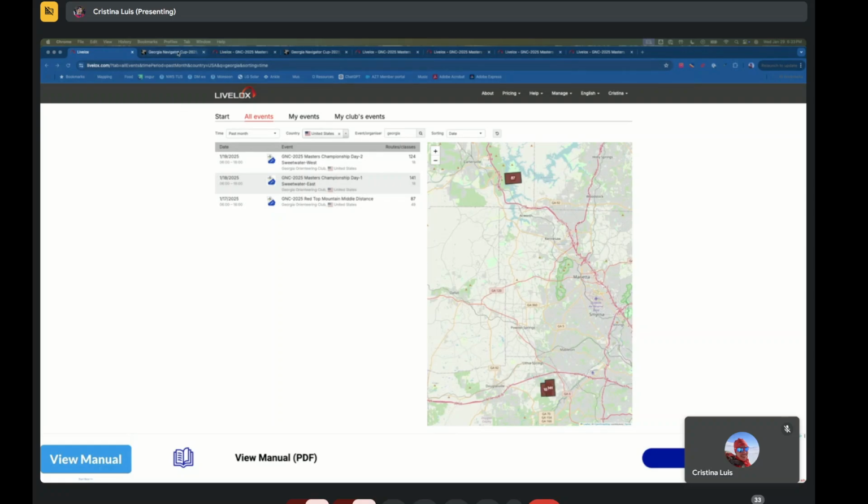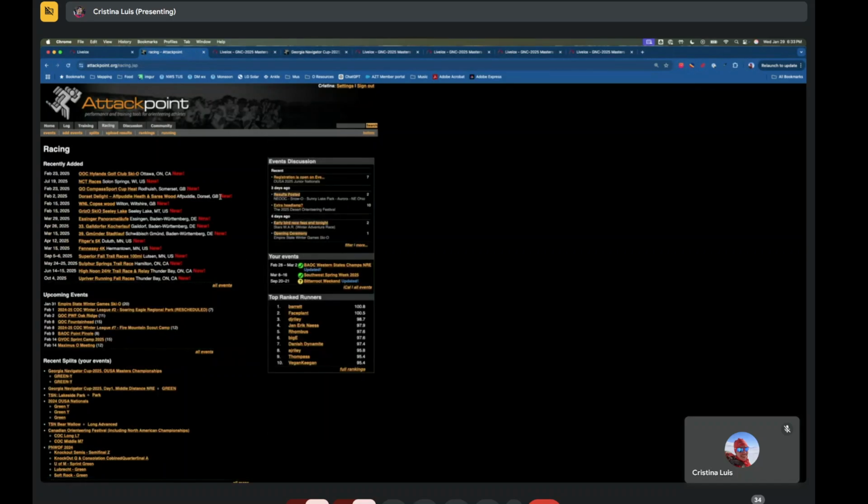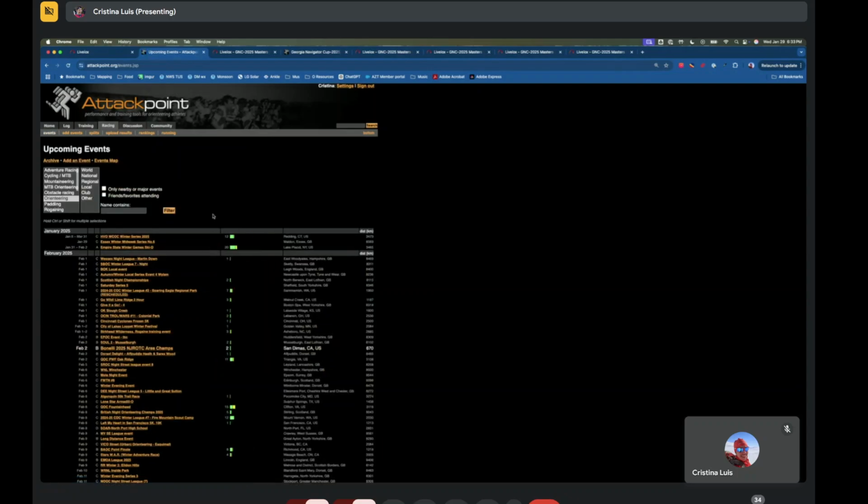We're also going to occasionally pop over to look at the splits as they were published on Attack Point. To see these, go to attackpoint.org and go to the racing tab. I don't know how you find past events.